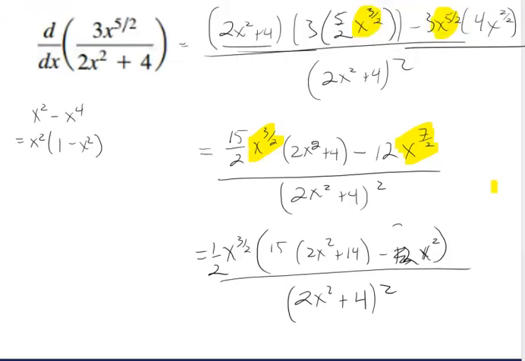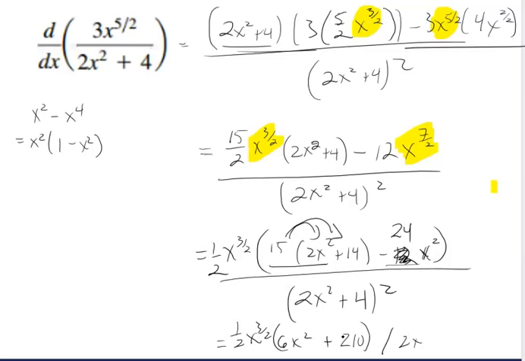That would have to be 24. And then finally, I can run this through and combine 30x squared minus 24x squared, which is 6x squared, plus 210, 15 times 14, 1/2 x to the 3 halves, and that's all divided by 2x squared plus 4 squared.